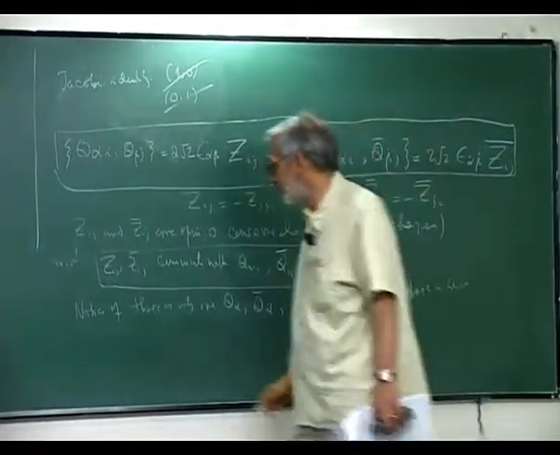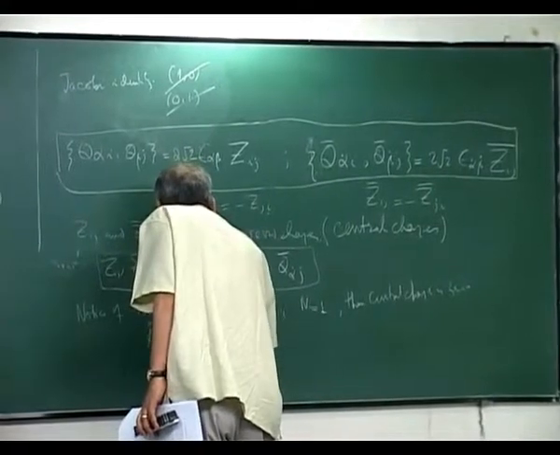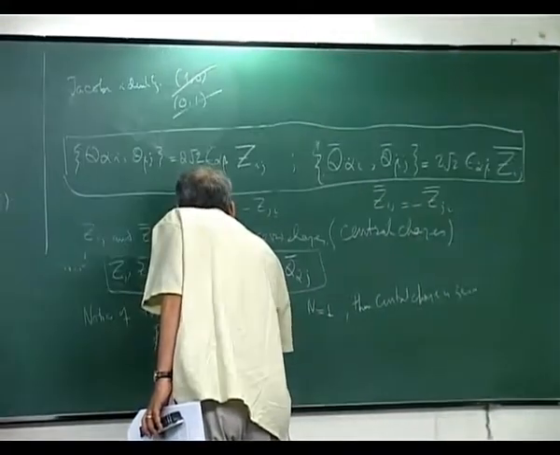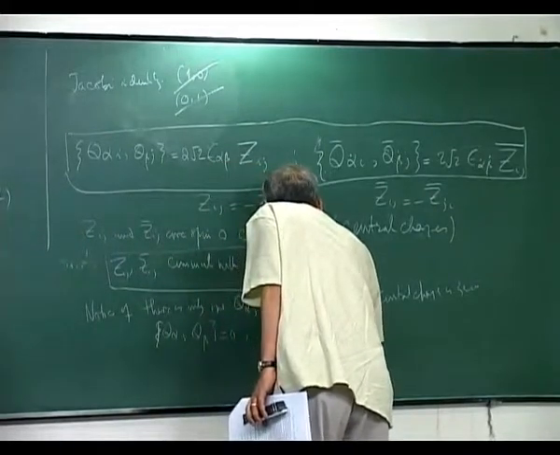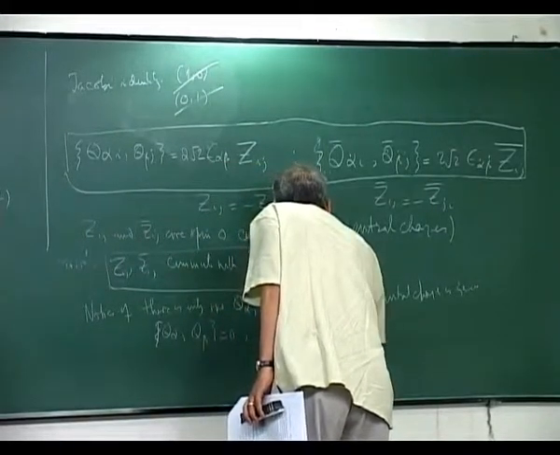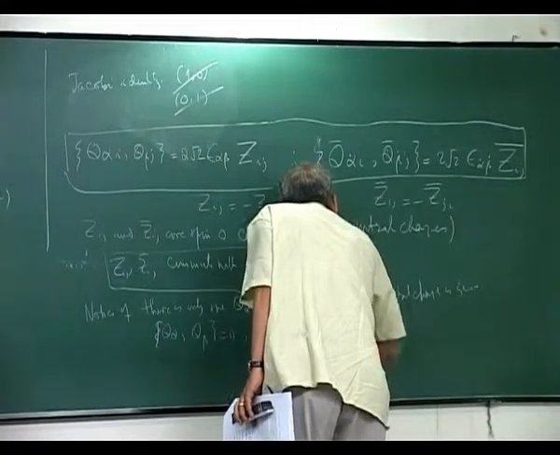So then the Q alpha, Q beta anti-commutator is 0, and the Q bar alpha dot, Q bar beta dot anti-commutator is 0.